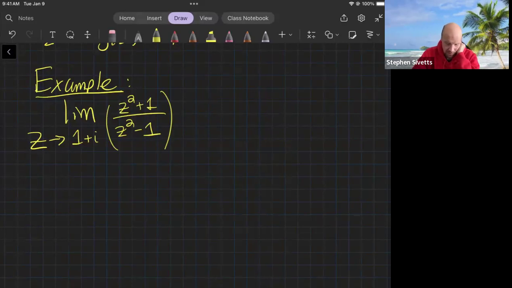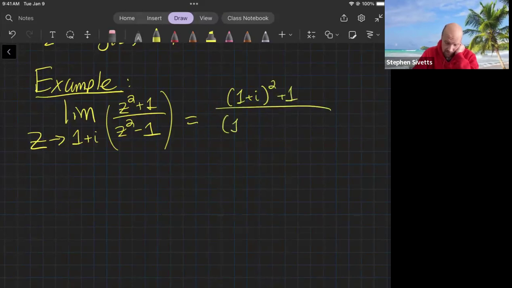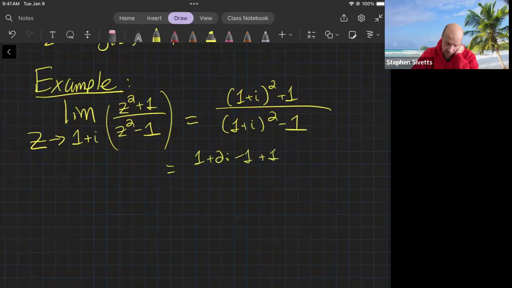So the z value is 1 plus i, so literally just do direct substitution. This would equal ((1 plus i) squared plus 1) divided by ((1 plus i) squared minus 1). And so we will have (1 plus 2i minus 1 plus 1) over (1 plus 2i minus 1 minus 1).